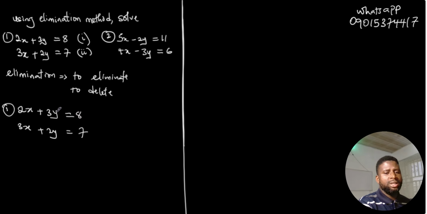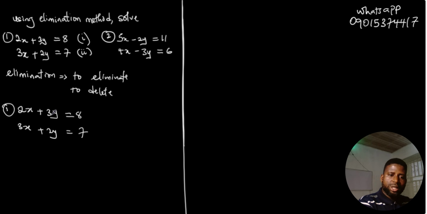If you look at the equation, we have 2x plus 3y on the left-hand side, which is 2 terms, and both terms are unlike terms, variables x and y. You can't add or subtract 2 different variables, right? So we need to find a way to ensure that both of them are the same variable, or we eliminate one of the variables.